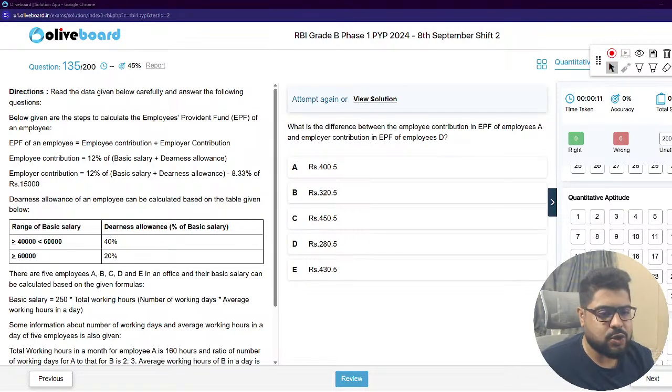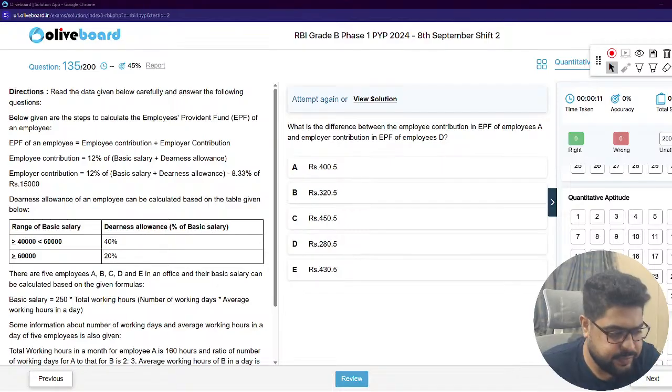So I'm just copying the question. Just give me 1 second. Just copying this so that you guys can see everything. That's the only objective.